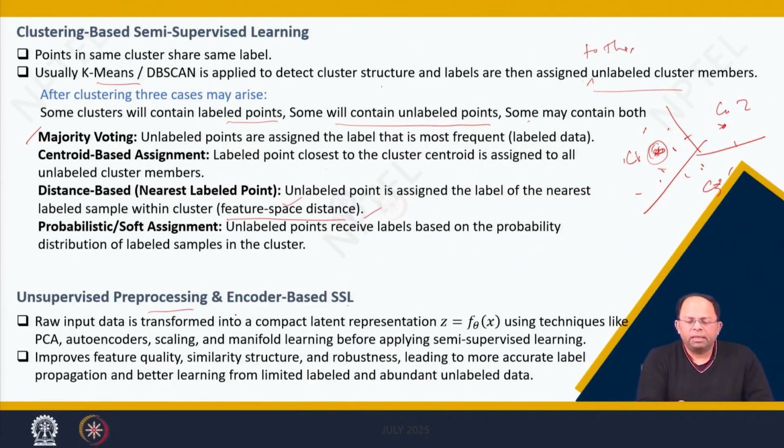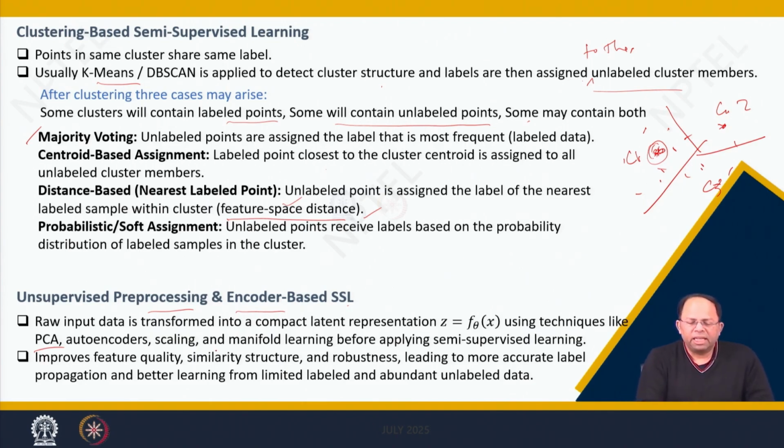Using pre-processing and encoders, we can transform the data using PCA, principal component analysis, or certain techniques where the dimensions of the data can be reduced further. Or rather, sometimes we understand the nature of those dimensions, and using that we can try to find similar data points, and that actually helps us in putting labels on unlabeled data.